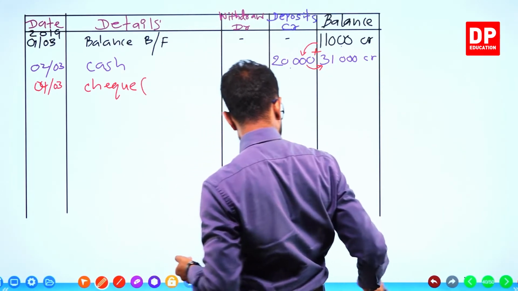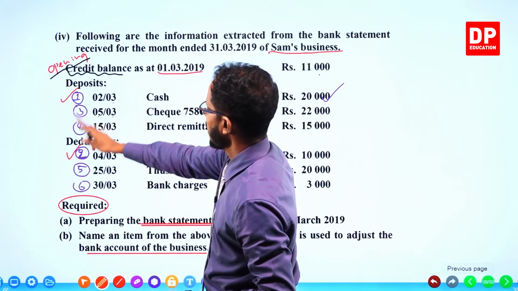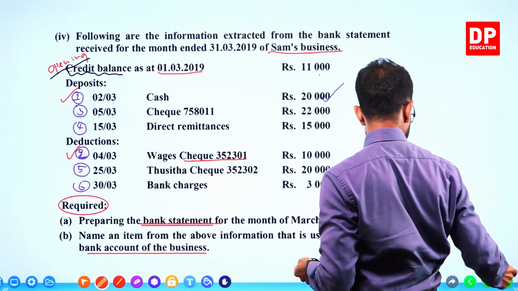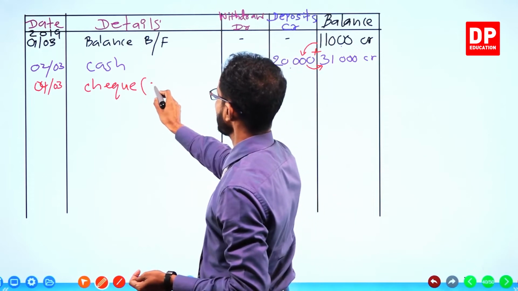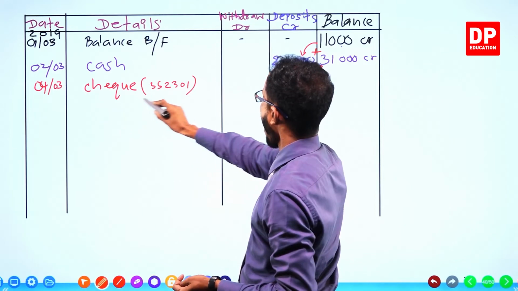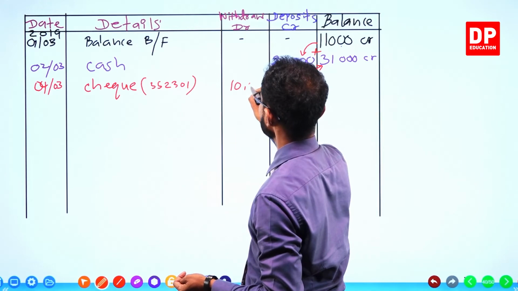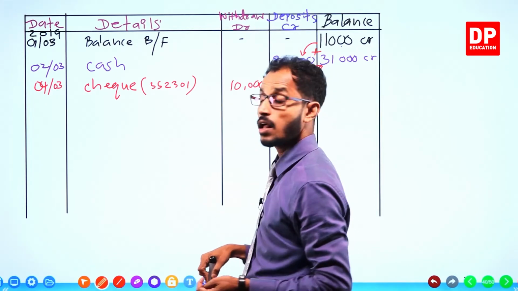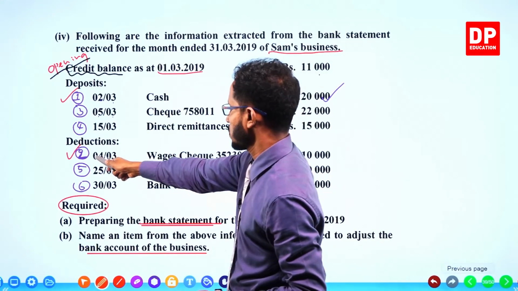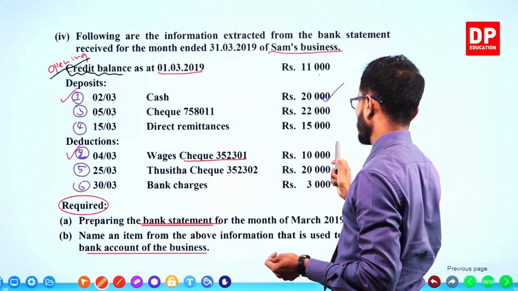You just write check and the check number 352301. How much? 10,000. And that should be debited because it's a withdrawal. 4th March, check 352301, 10,000.